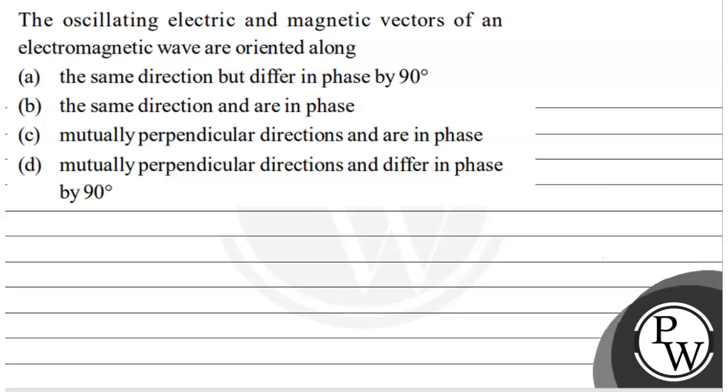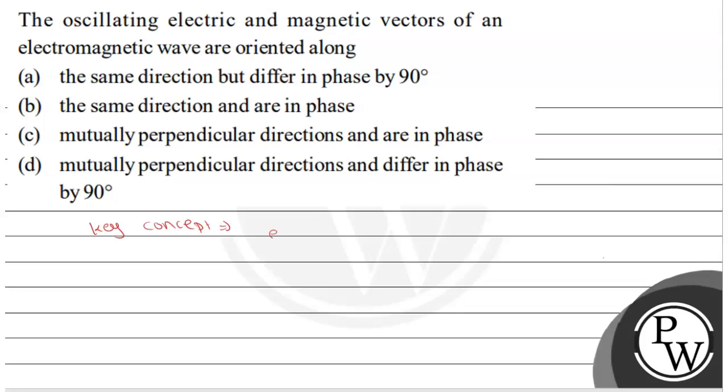Now here सबसे पहले we need to highlight the key concept. The key concept is electromagnetic waves: the electric and magnetic vectors are mutually perpendicular.